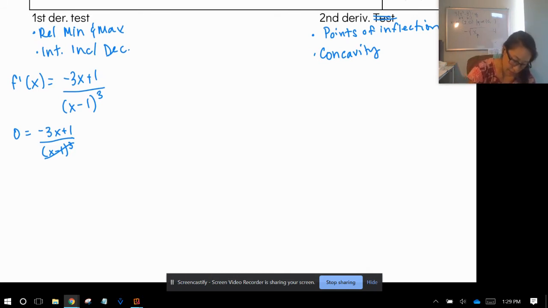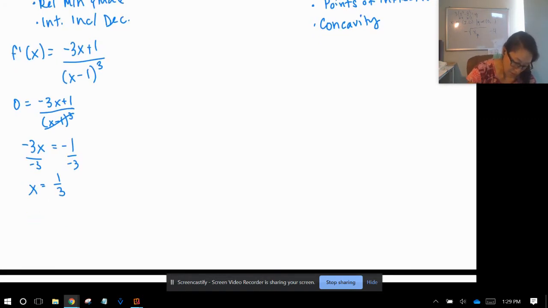So I'm just solving for 0 is equal to negative 3x plus 1, the numerator. So I get negative 3x is equal to negative 1 divided by negative 3. So x is equal to 1/3. And then I also have undefined values, when x is equal to 1, my function is undefined, right?